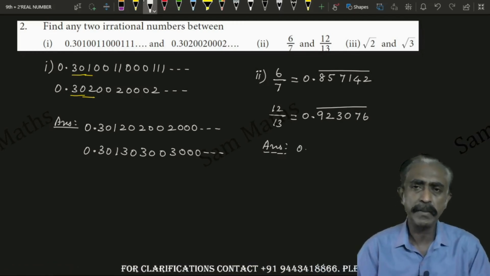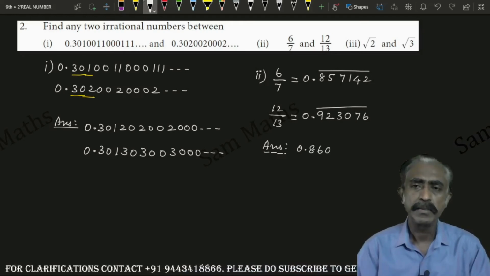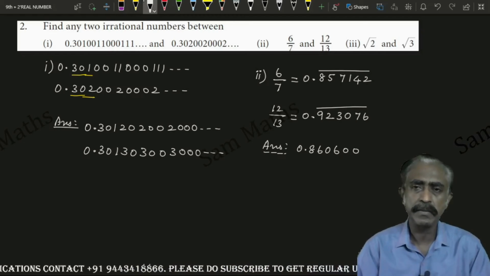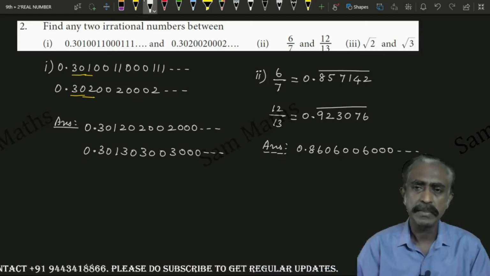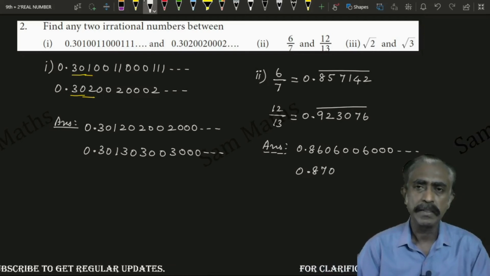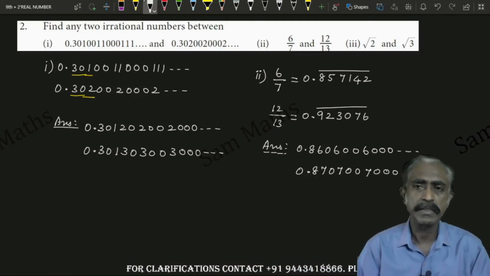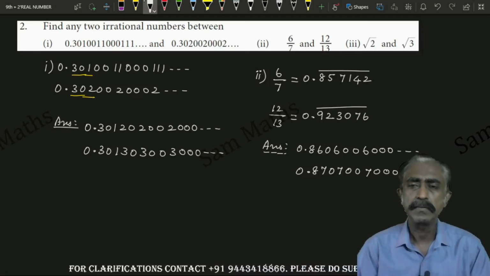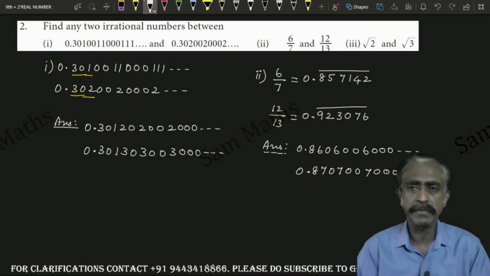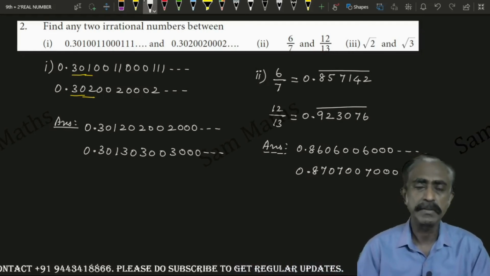So 0.86 0 600 6000 etc. Next number I am taking 0.87 0 7 007 000 etc. So these are the two irrational numbers between these two. Like this we can write plenty of numbers.